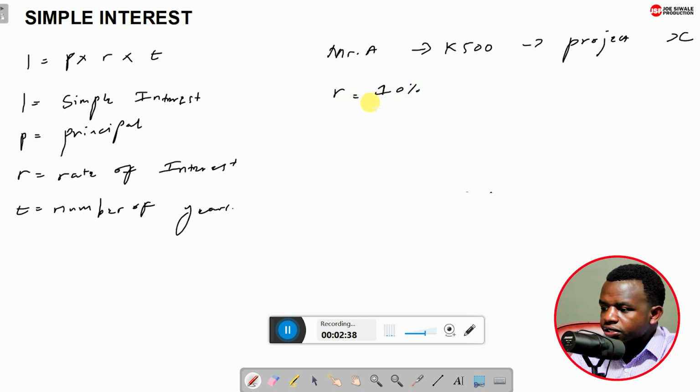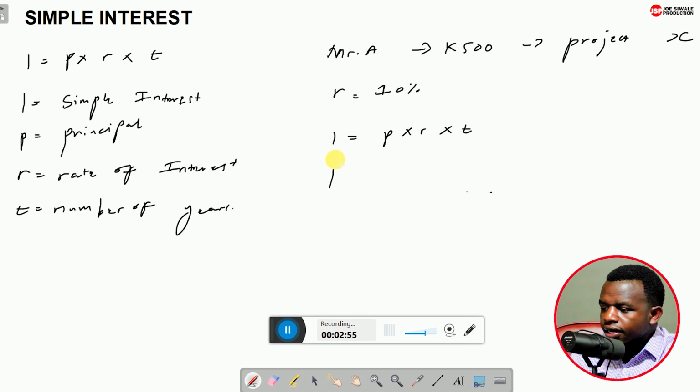That's the interest rate. So to calculate our simple interest in the first year, we can say I is equal to P multiplied by the rate multiplied by the T.